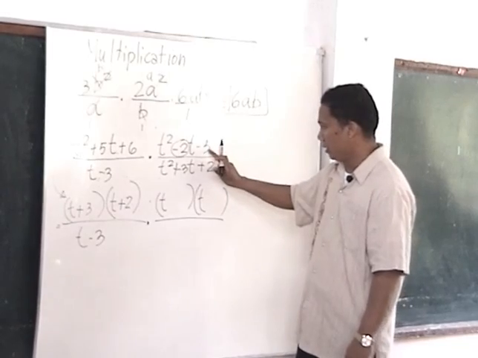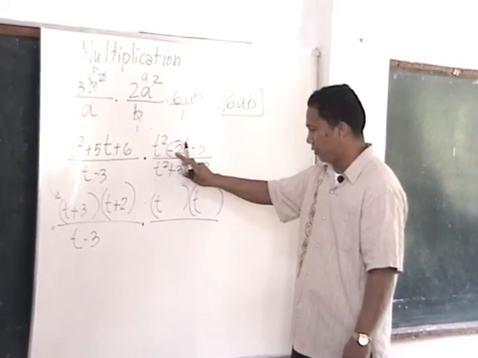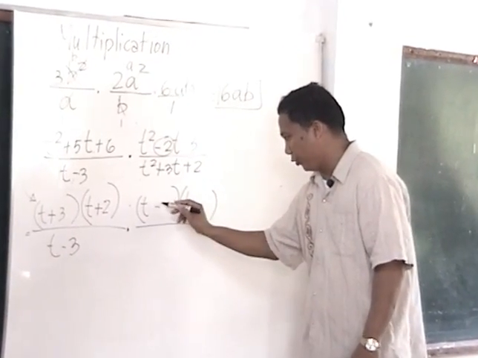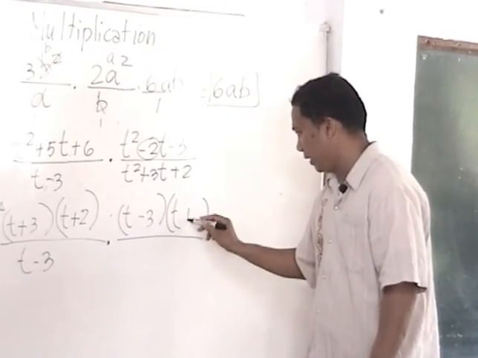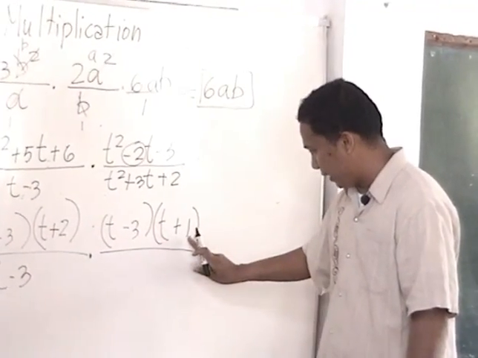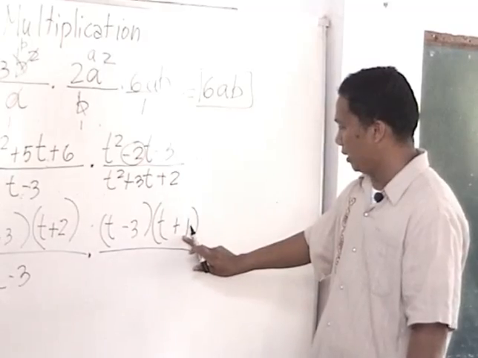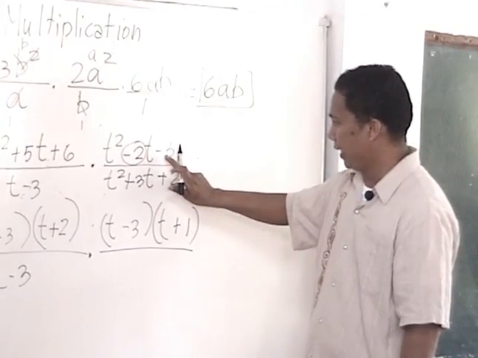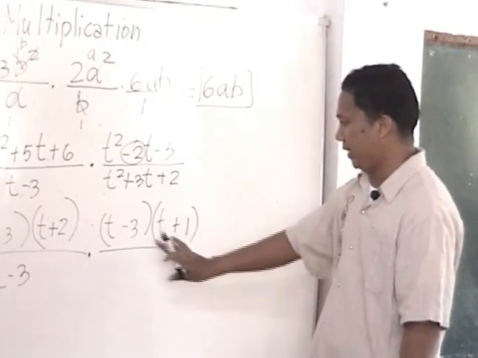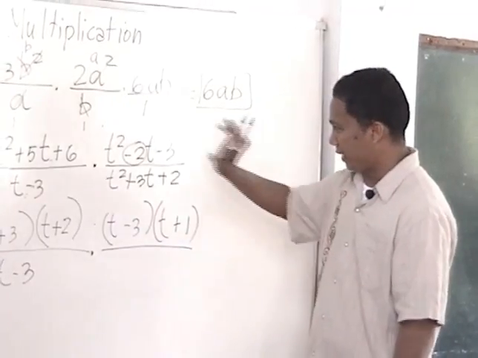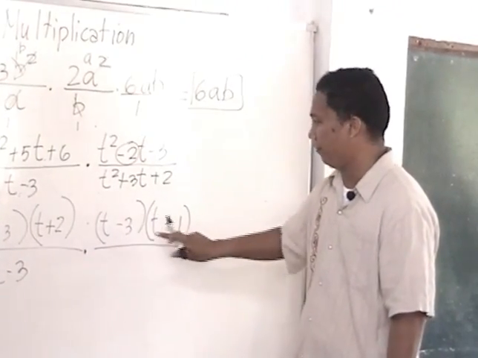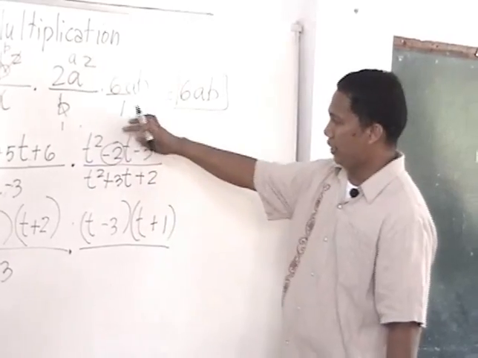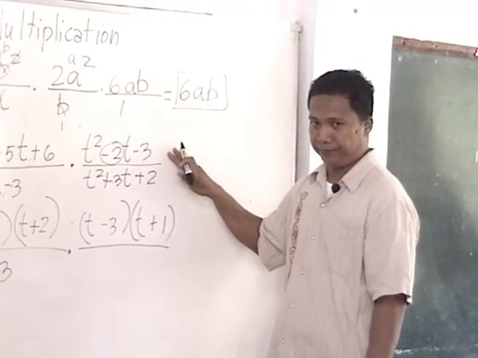So based on this, we have negative 2. So this is negative 3 times positive 1, because negative 3 times 1 is equal to negative 3. And if we add negative 3 and 1, that is positive 2. So these are the factors of t squared minus 2t minus 3.